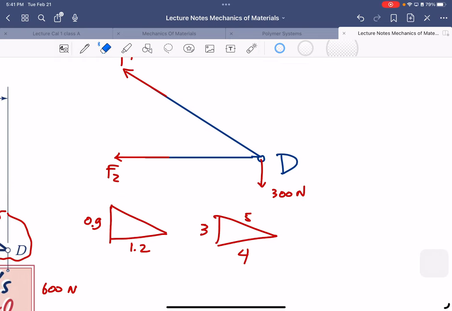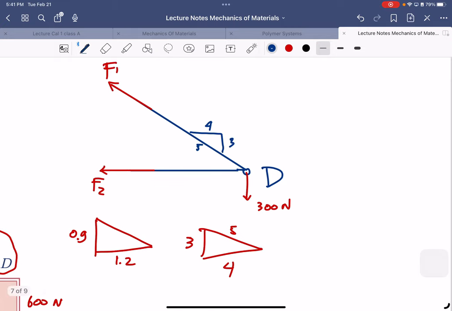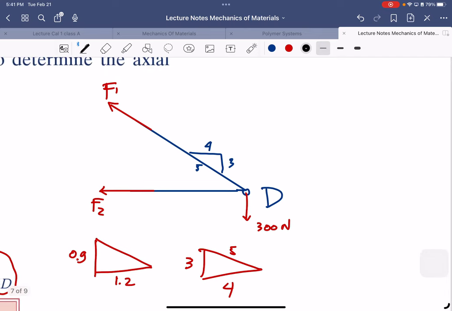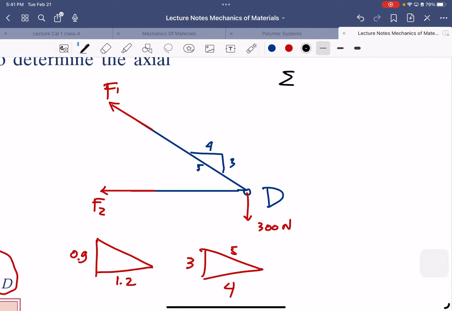Okay, now from this part, let me just make this 4, 3, 5, right? And from our sigma F in the x-axis equals 0. Assume that the one that goes to the right is positive.